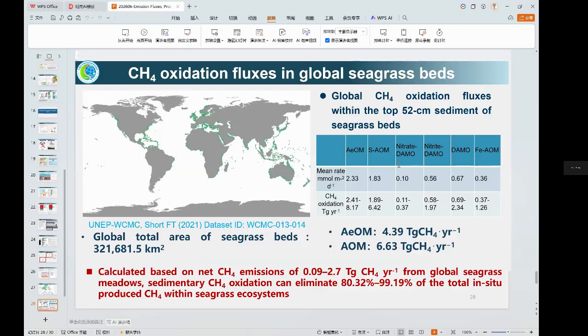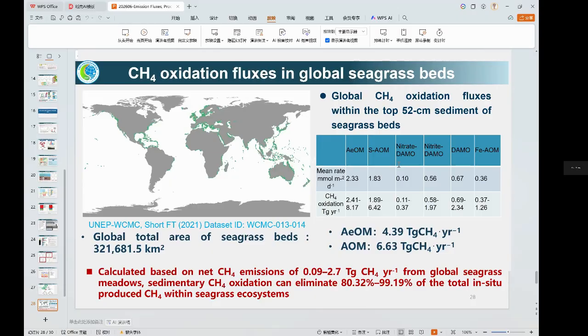So far, there are very limited data about methane oxidation globally. In this study, we based our estimate on the global area of seagrass beds, the net methane emission fluxes in global seagrass, and our determined methane oxidation data.